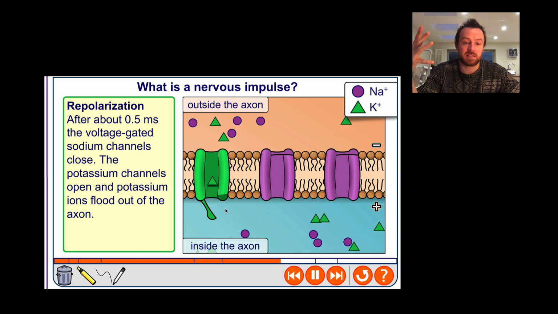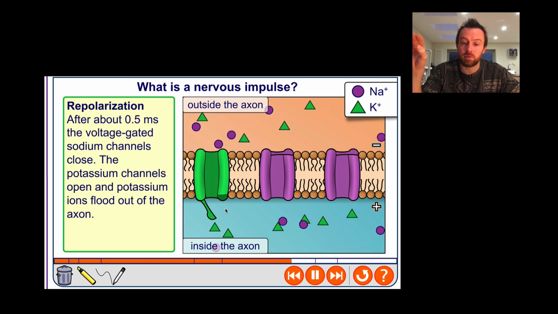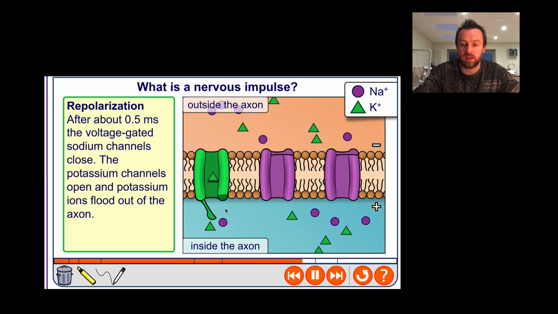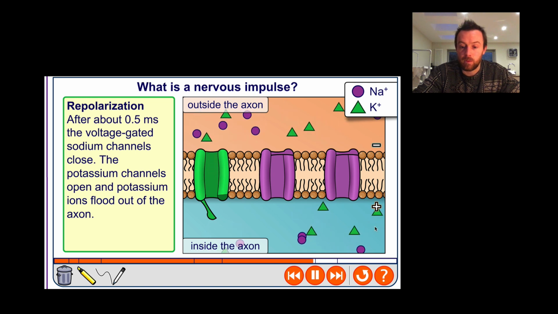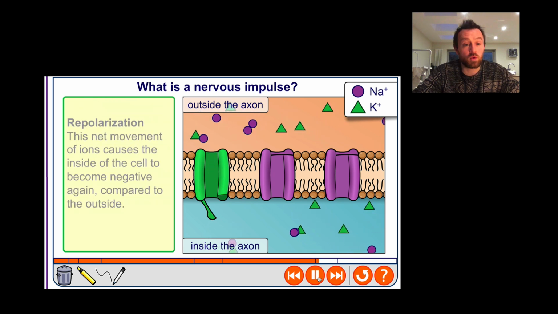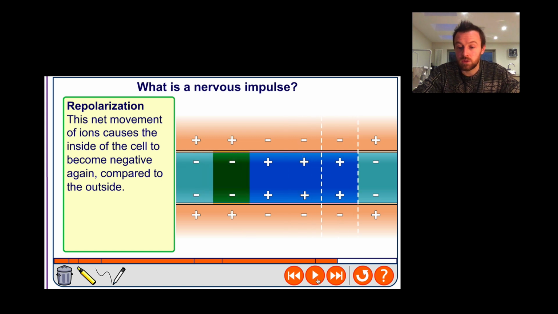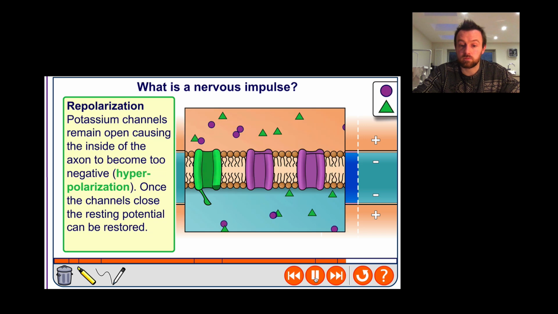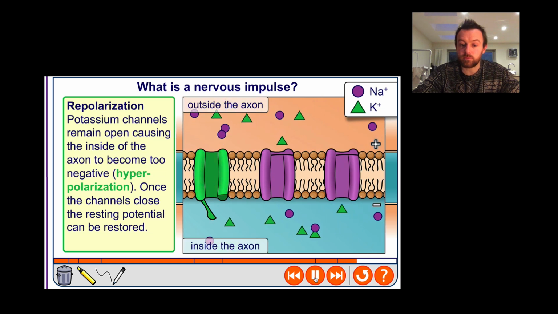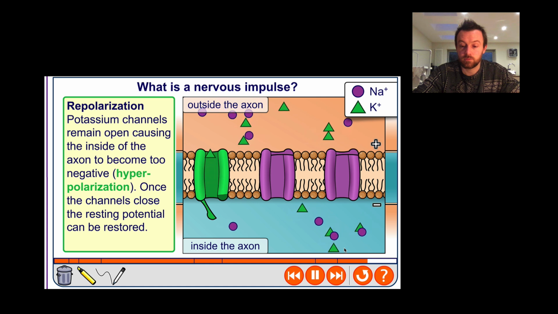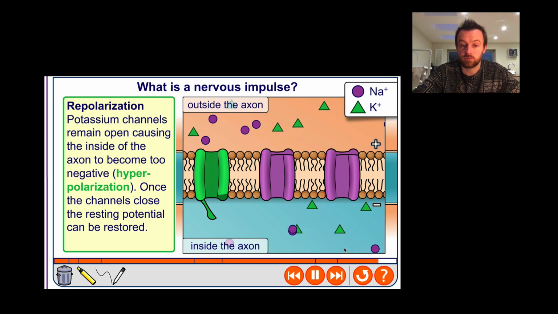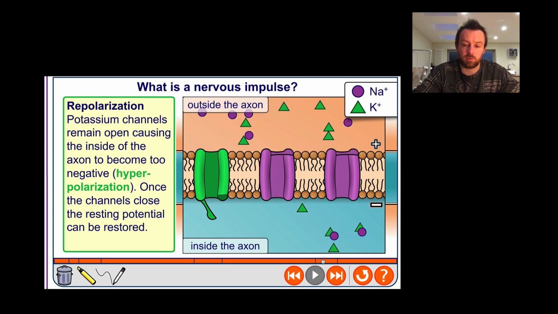And now potassium channels open, allowing potassium to move rapidly out of the axon. This causes a brief hyperpolarization, which is shown here in green. And then eventually the resting potential is restored through the action of the sodium-potassium pump.